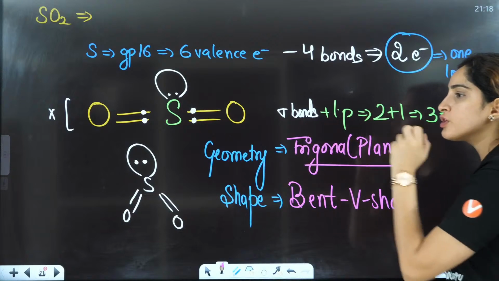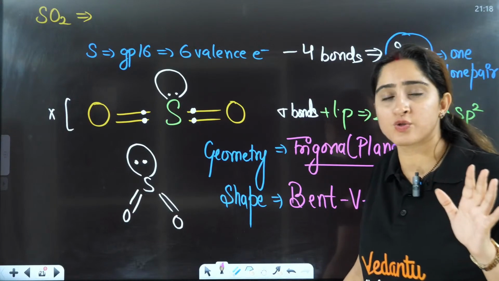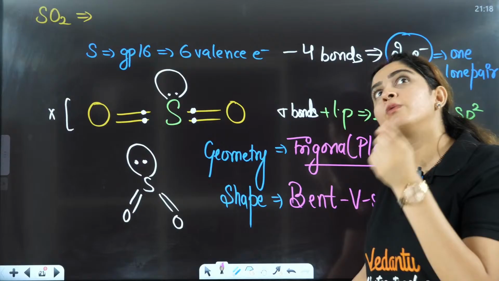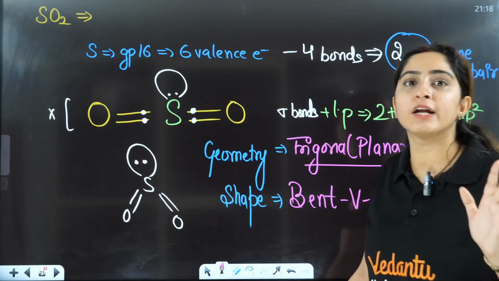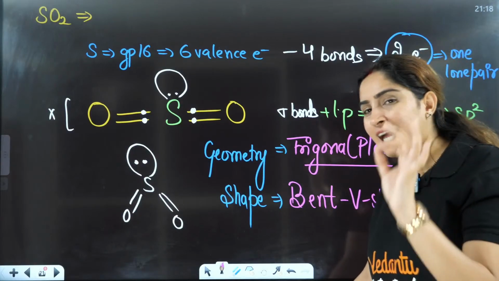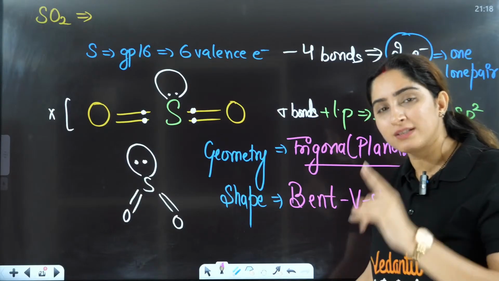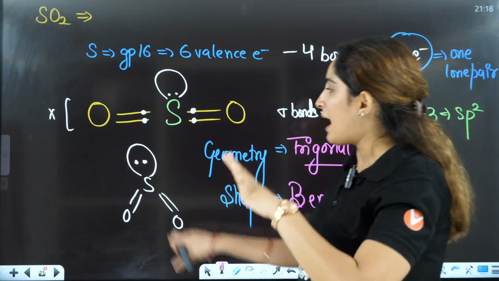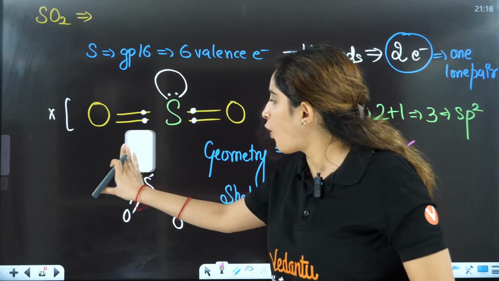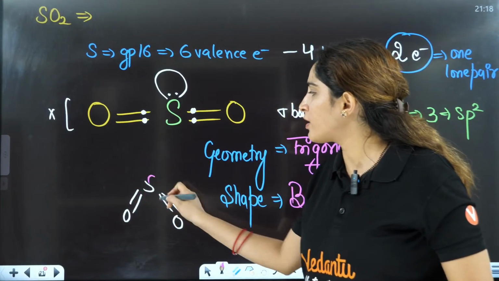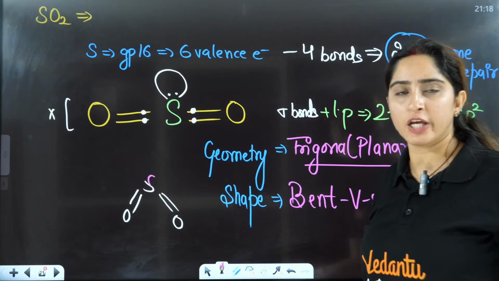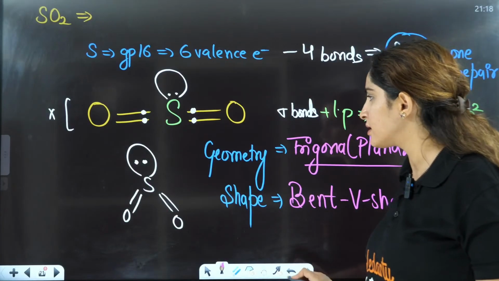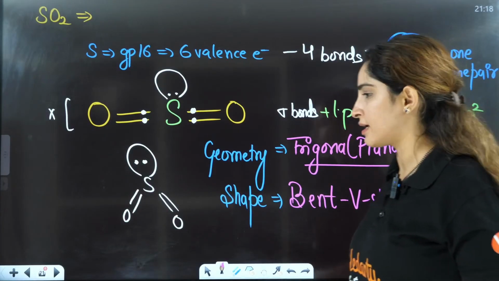What if they ask you the geometry? Don't cram that for 2 lone pairs, 1 bond pair, because then you will definitely get confused. Just remember that whenever there is sp2, that is trigonal planar. Now imagine a trigonal planar. Now ignore the lone pair. What shape do you have? You have an angular shape or bent V shape. So that is the answer. You don't have to learn these things.